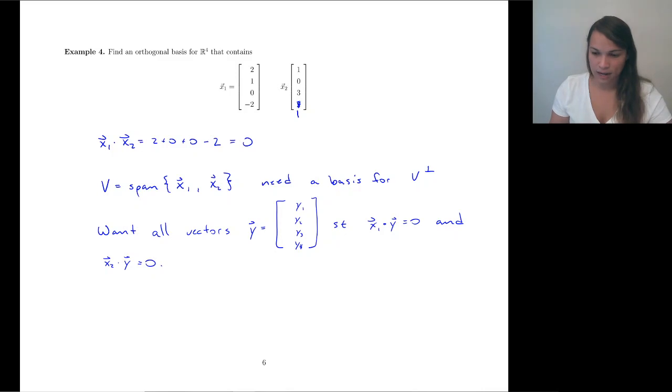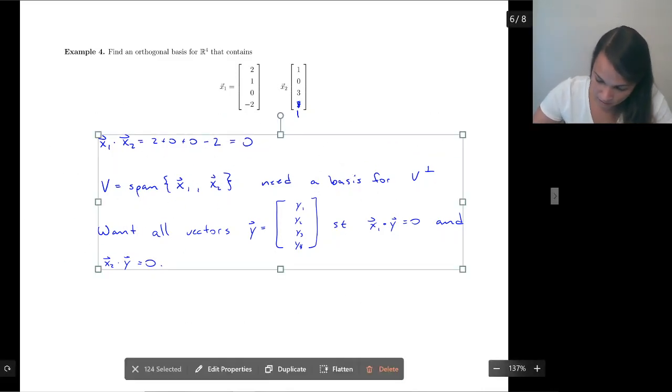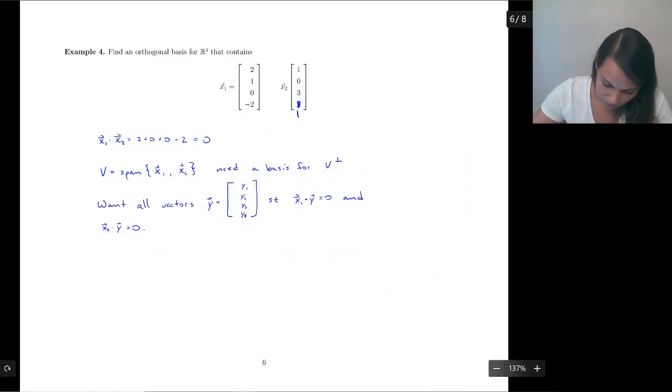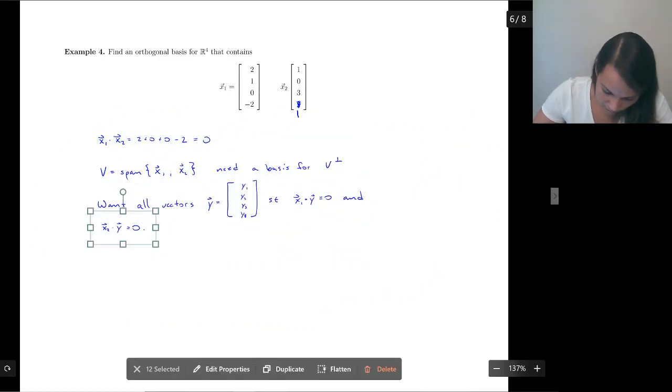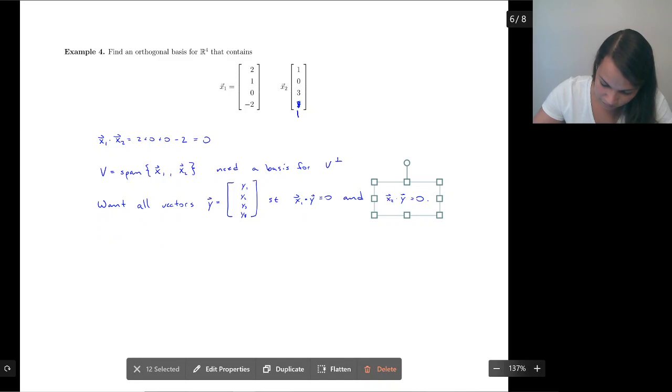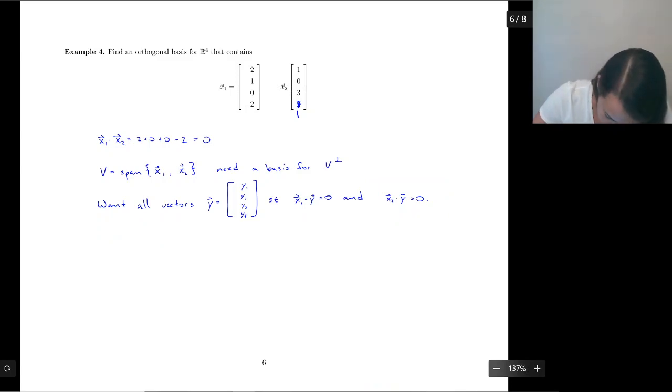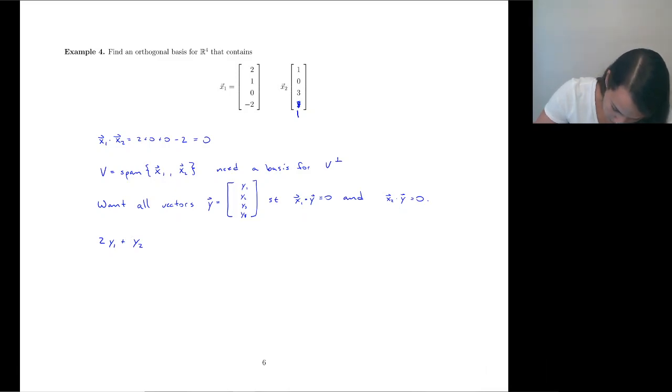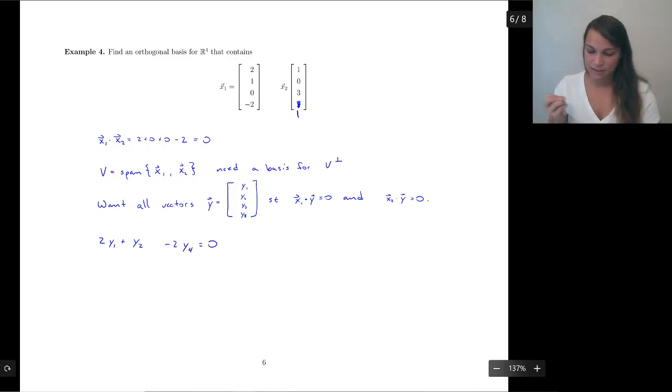So let's go ahead. Let's write down what that's going to mean. So x1 dot y would give us the equation. Let's see, x1 was 2. So 2y1 plus y2, and then 0y3 minus 2y4 would be equal to 0.